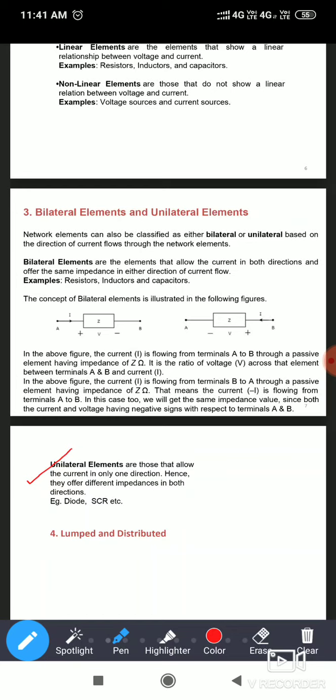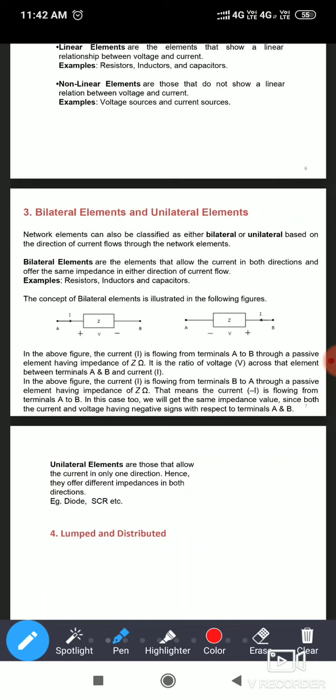They do not allow current to flow in both directions. A diode allows current flow only in forward bias, SCR always allows in forward bias, whereas bilateral elements allow current in both directions. That's why RLC are called bilateral elements, whereas diode and SCR are called unilateral elements.